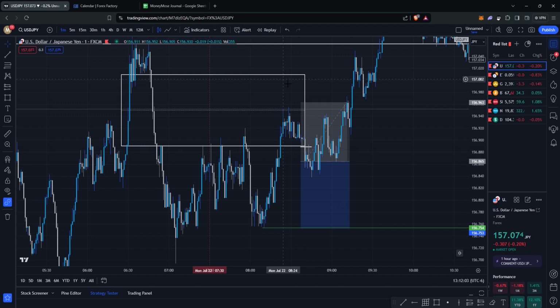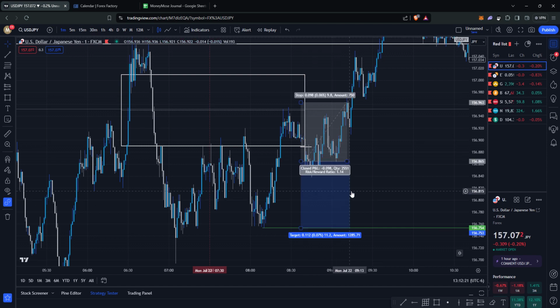So I thought, hey, when we made this push up here, sweeping out these highs, okay, this is high resistance liquidity now. Now this and this make low resistance liquidity. So I entered on the break.